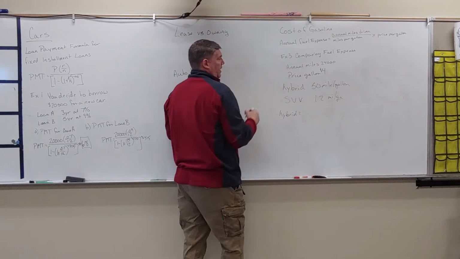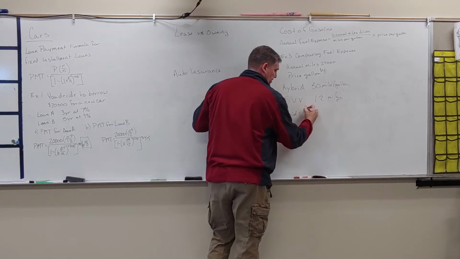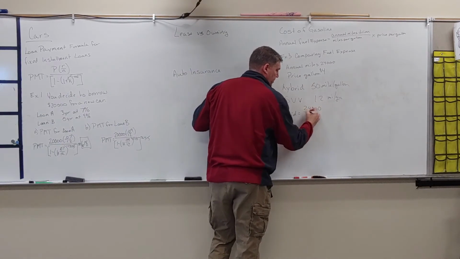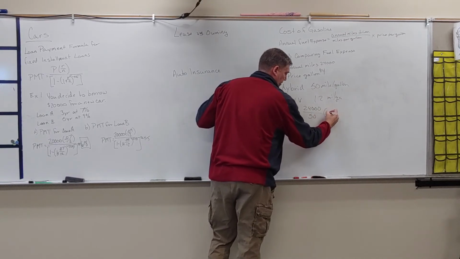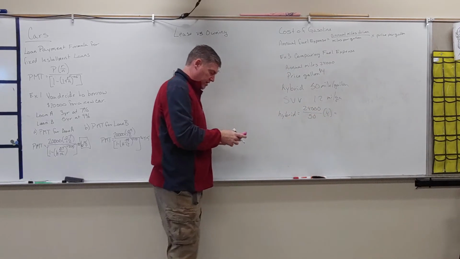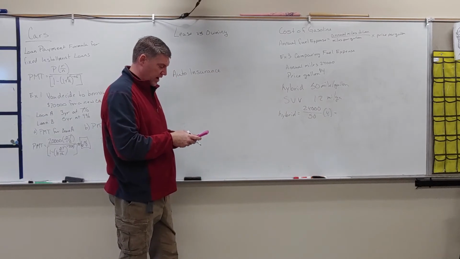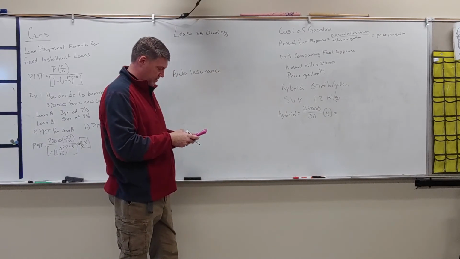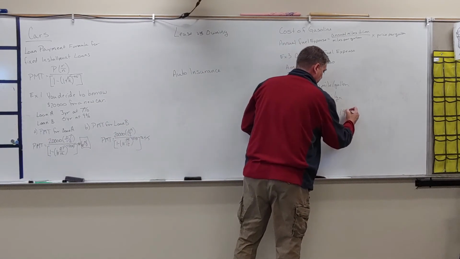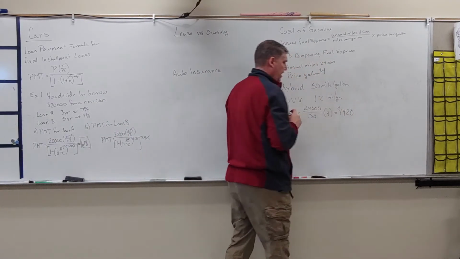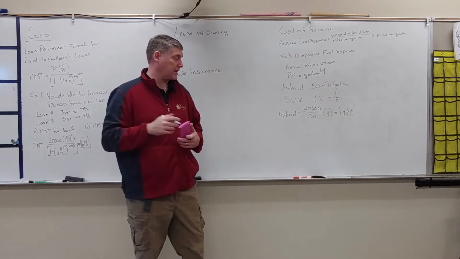Okay, so our annual fuel cost, miles driven is going to be 24,000. We're going to divide that by 50, and we're going to multiply that by 4. So 24,000 divided by 50 times 4 is going to give us about $1,920 in fuel costs.